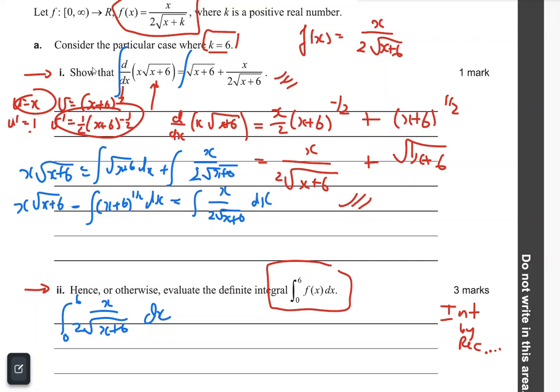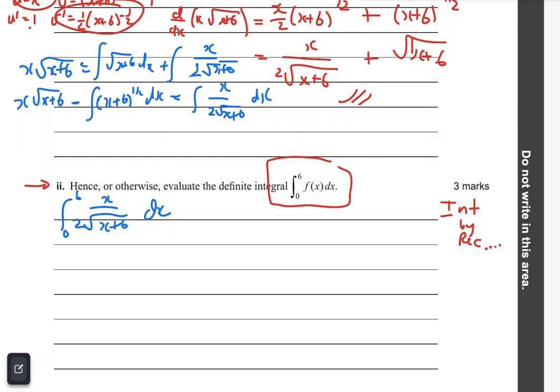So I can then write this to equal, so that's what this is, x on top 2 root x, so it's going to be the square brackets of x square root of x plus 6 minus, and the integral of that will be x plus 6 to the 3 on 2 divided by 3, and the 2 will go up there, from 0 to 6.